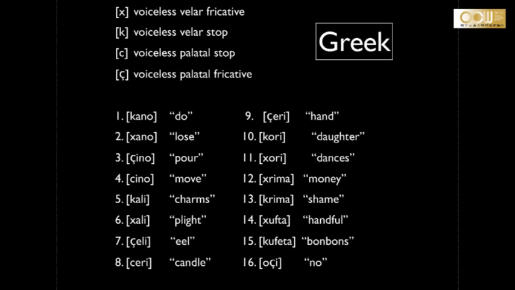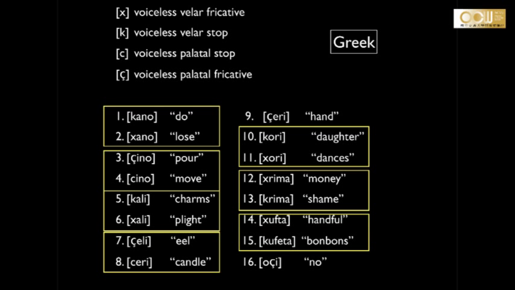The answer is coming. Is this right? Which one is not right? 7 and 8, isn't it? Correct. 7 and 8 differ in two sounds, so they're not minimal pairs. I did this on purpose just to trick you. I'm sorry. And which one is wrong too?